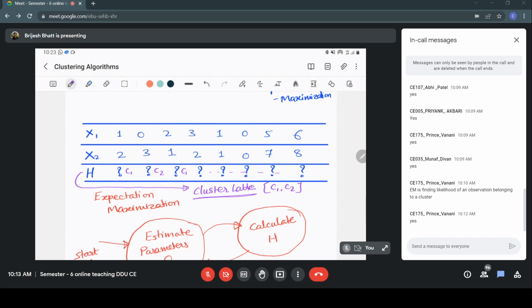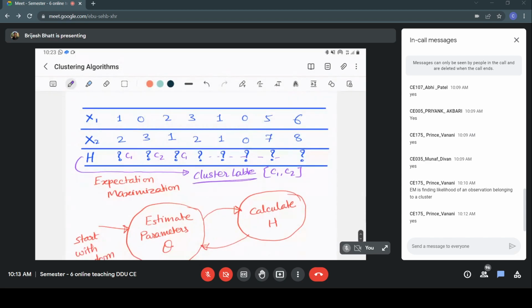So how does the algorithm work? Now I will speak about expectation maximization, which will look like K-means. Randomly initialize the cluster heads. So randomly calculate the parameters of C1 and C2. And we know that in a Bayesian network, when we talk about a continuous variable, the parameters come from a Gaussian distribution. So that becomes mu1 and mu2, sigma1 and sigma2.